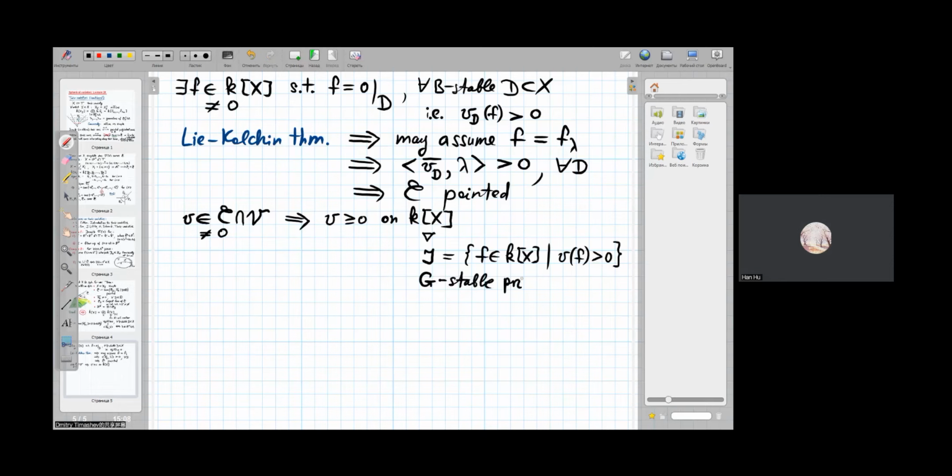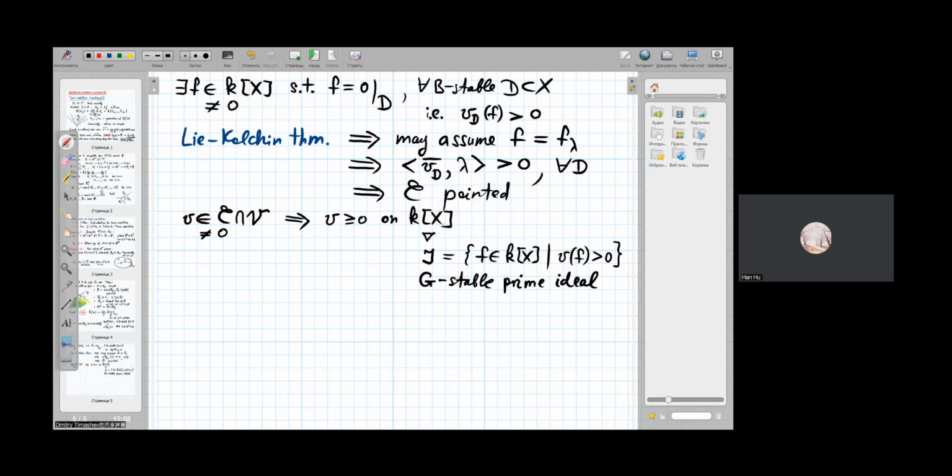Some time ago, I already used this construction of a G-stable prime ideal, and I left it as an exercise for you to prove that this set is indeed a G-stable prime ideal. Here, the situation is exactly the same. It is actually an easy exercise. Since it is a G-stable prime ideal, it corresponds to a certain irreducible G-stable subvariety in X, that is, to a closure of some orbit.